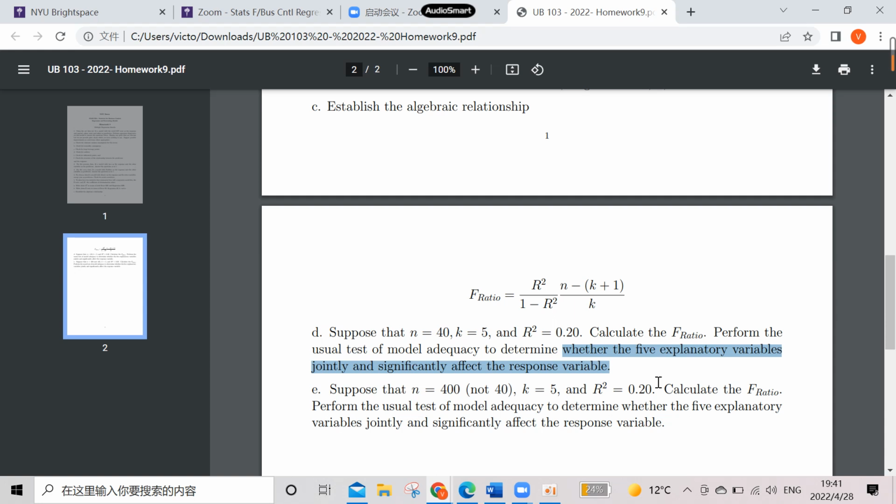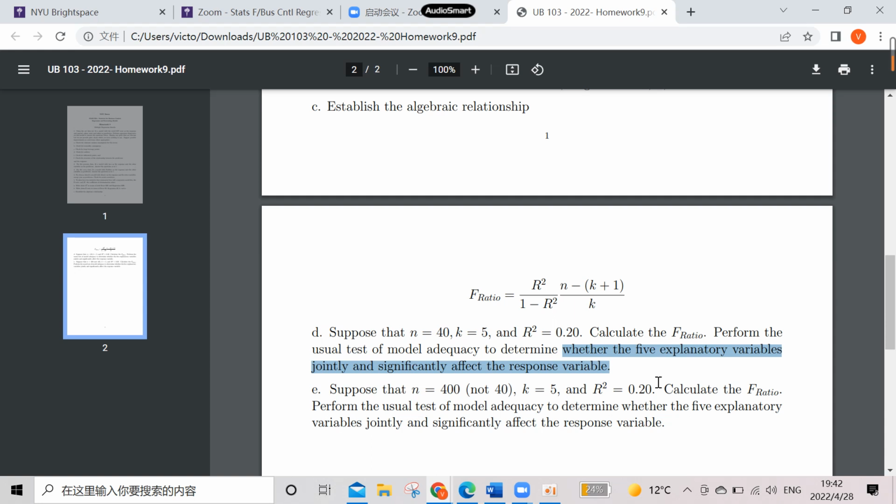But in reality, you don't want to compare 5 versus 0. Maybe there are 2 explanatory variables, in other words 2 predictors, that you care about. So the decision is whether I use 5 predictors or 2 predictors.